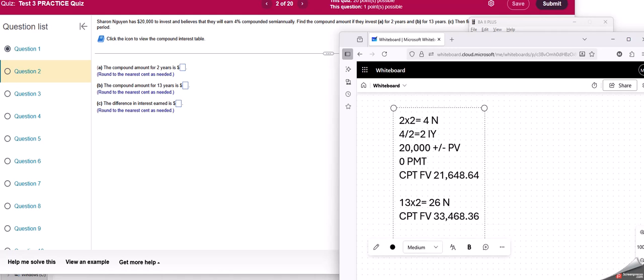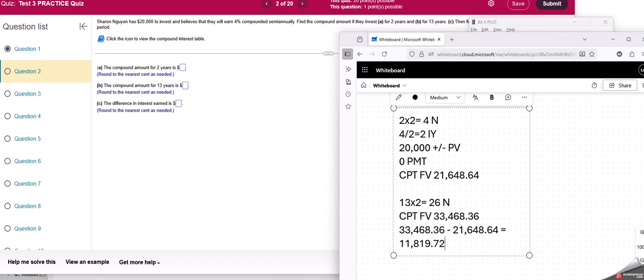And then we will subtract those to get to the difference. So 33,468.36 minus 21,648.64 gives us 11,819.72.